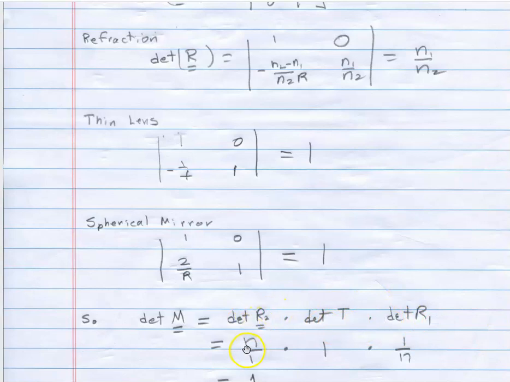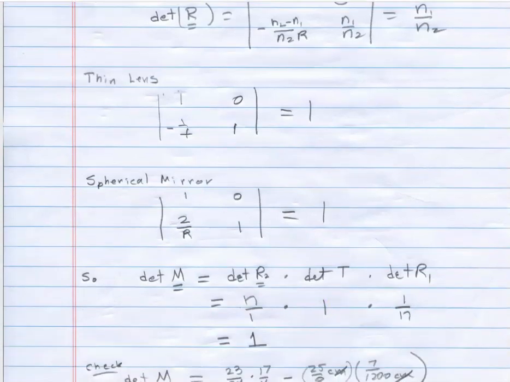And R2, the final was N, the initial was 1. The initial N was 1. Translation was 1.6, and the final was 1.6, so that becomes 1. And then the first one, the initial one was 1, and the final was N, which was the 1.6. And if you look at that, that product is equal to 1.